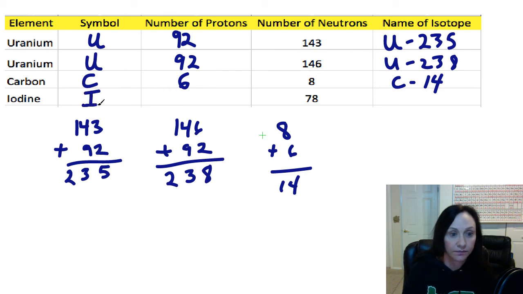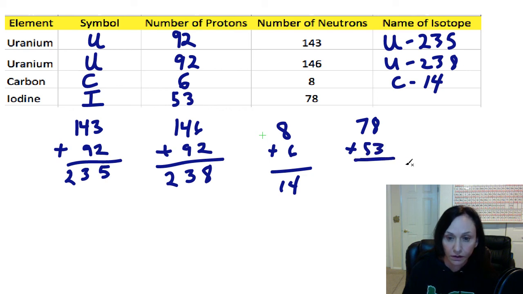The atomic number for iodine, we look on the periodic table, and it is 53. The number of neutrons is given, it's 78. To name this element, we need the mass. So we take 78, the number of neutrons, plus 53, the number of protons, and we get 131. Iodine 131.